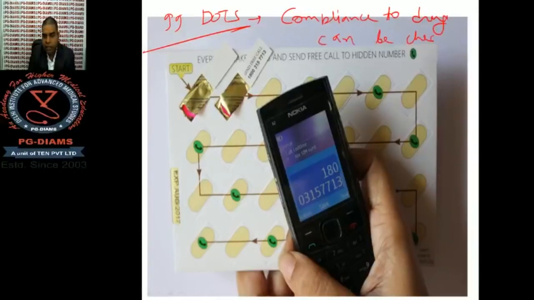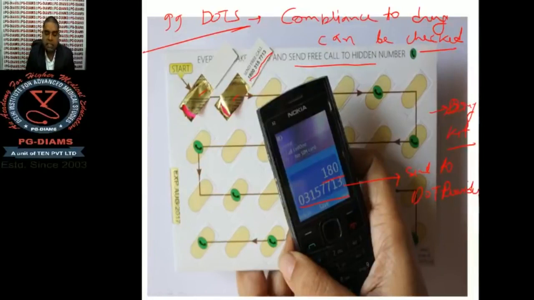How can it be checked? Every patient gets this drug kit. In this drug kit, after eating 2 tablets, you get a secret number. This secret number is sent to your dot provider, and the dot provider gets this message and comes to know that you are taking the drug regularly.